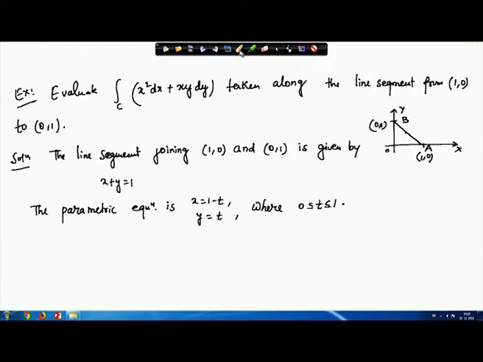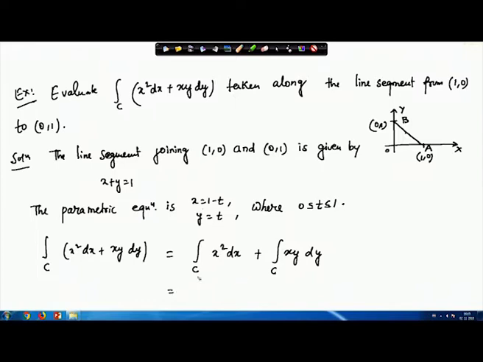Now we will integrate the function x squared dx plus xy dy. First of all, we'll integrate the first term, the integral over C of x squared dx, and then the integral over C of xy dy.